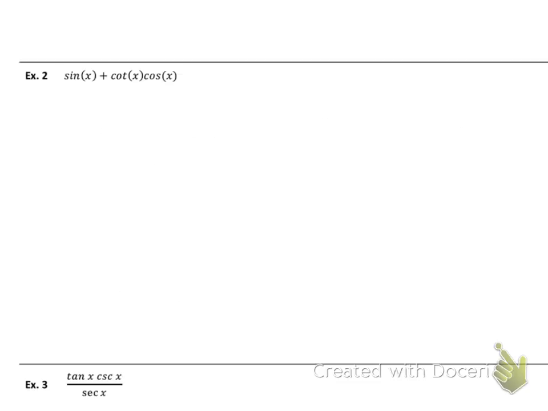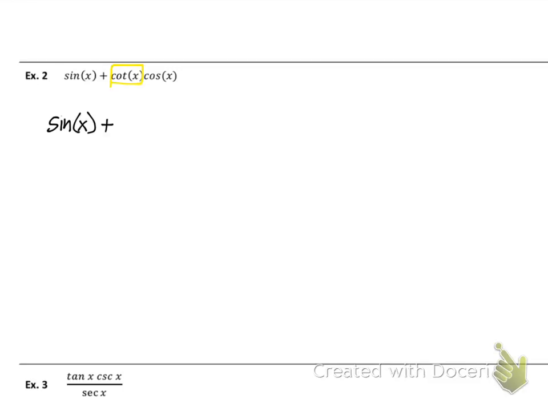Okay. Our next one. Well, this one, I already have a sine. I already have a cosine. So the only problem I have right now is that cotangent. I got that cotangent guy right there that I need to rewrite. So I don't need to rewrite the sine, so I'll just put sine of x plus, how can I write cotangent in terms of sine and cosine?